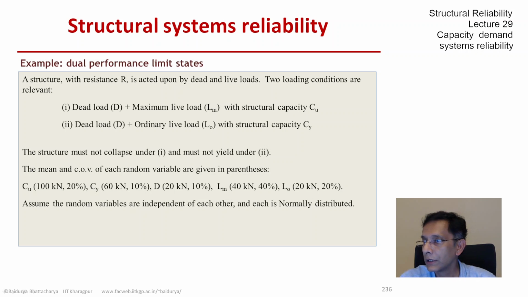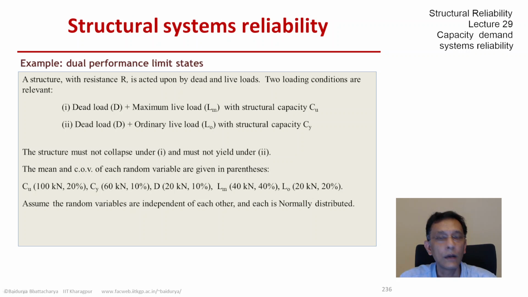We have here all the distribution information of the 5 random variables, CU, CY, D, LM, and LO. O being ordinary, and M being max.